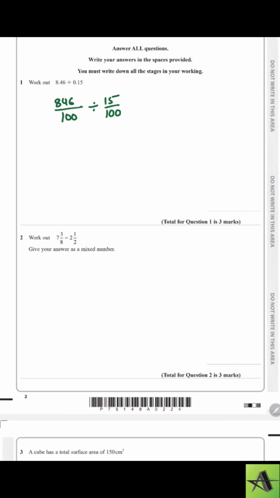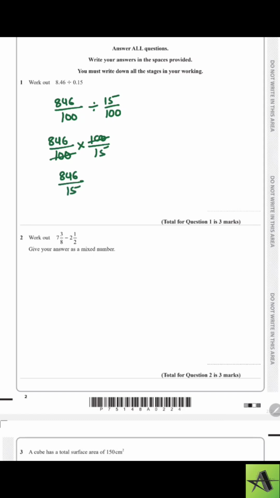We know whenever we divide two fractions, the division sign will be converted into a multiplication sign and the number gets reciprocal. That means 846 over 100 will be written as it is. This division sign will be changed into a multiplication sign, and this will become reciprocal, which is 100 over 15. I can cancel out. Remaining is 846 over 15.